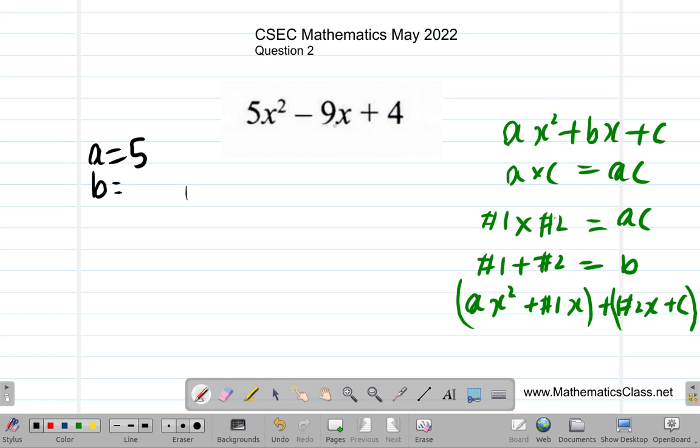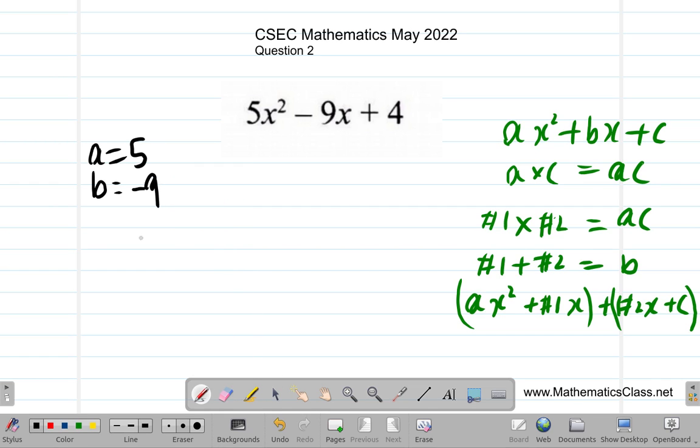What is that? Negative 9. Not positive 9, no. It's negative 9. Because this is really plus negative 9 times x. This is a plus b, so minus 9 means plus negative 9. So b is negative 9.